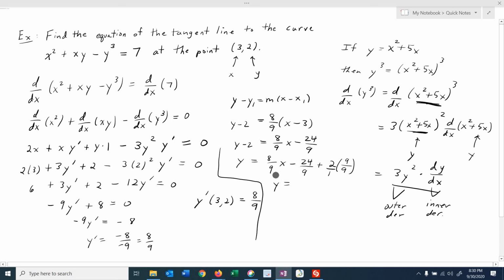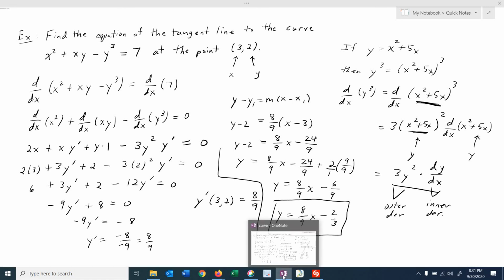And so the equation of the tangent line is going to be 8/9 x, and then when you add these together, you get minus 24 plus 18 is minus 6/9, which of course reduces to minus 2/3. Okay, so that's the equation of the tangent line to this curve at this particular point.